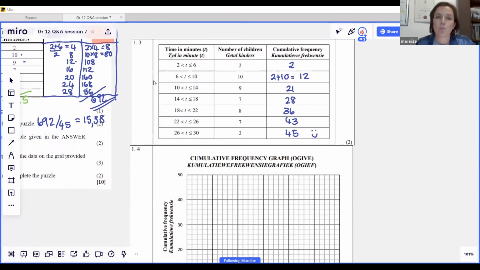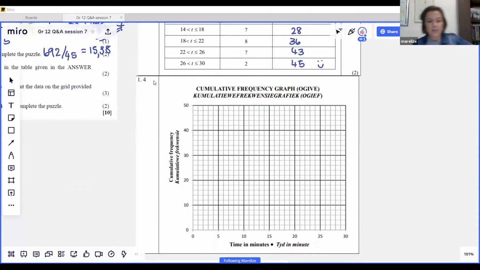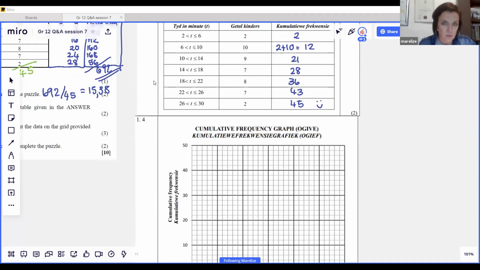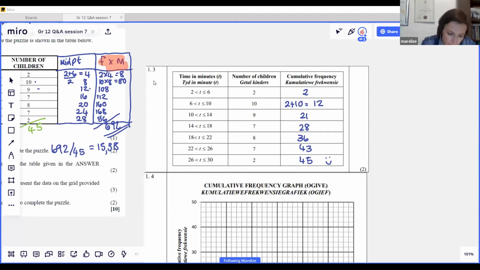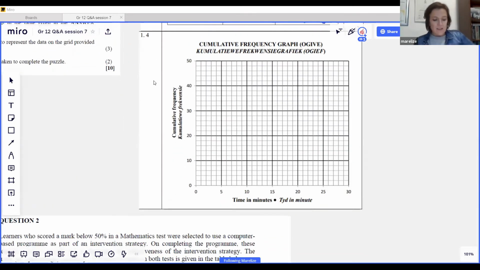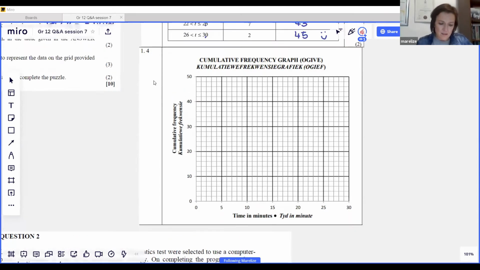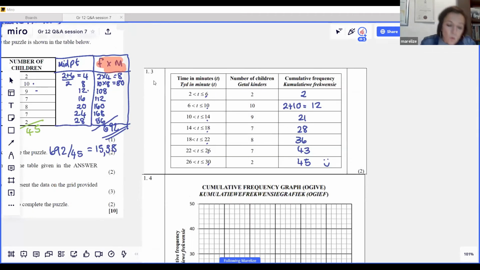Okay. What are the points that we plot? How do we know what to plot? We are going to plot the upper boundary and the cumulative frequency. Upper boundary means these points here. Those are the ones that we are going to plot. So we see that on the x-axis is time in minutes, and on the y-axis is the cumulative frequency. So my coordinate points, let me rather use my highlighter.